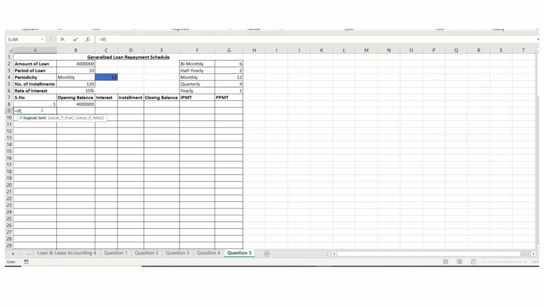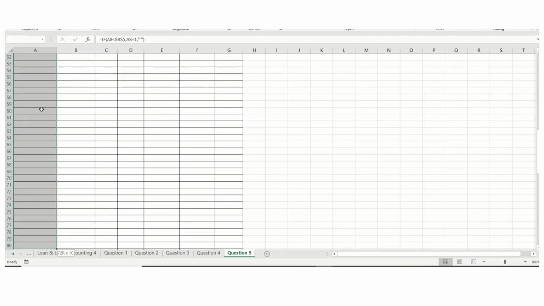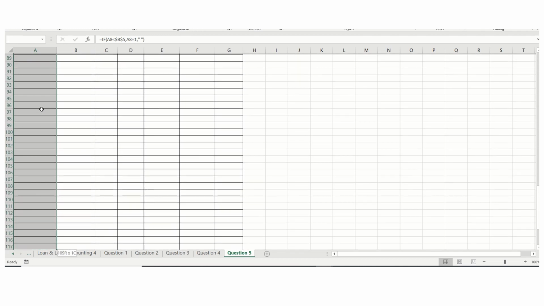Second installment के लिए if this is less than the total number of installments and I'm fixing it, then what you do, you add 1 and go to the next, otherwise just leave a space. I drag this till 120. Okay? It's a long way to drag.